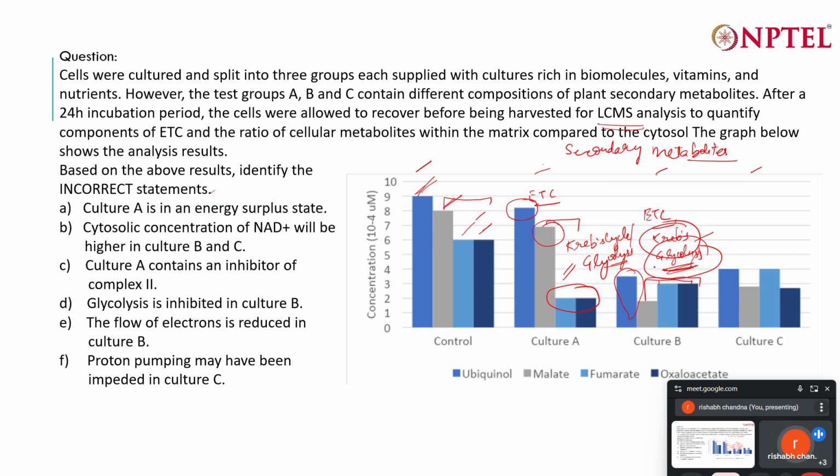So that's why it is disturbed, and the ETC is also disturbed because the ubiquinol levels are down. Now moving on to culture C, a similar thing, but here the fumarate levels are high, though not significantly high. In this case also the ETC is disturbed, followed by the Krebs cycle and glycolysis. So now we'll see the options.